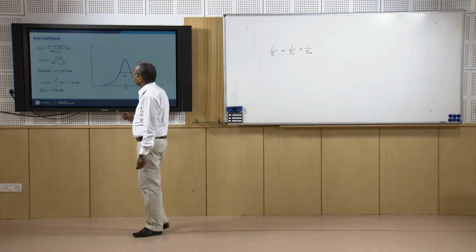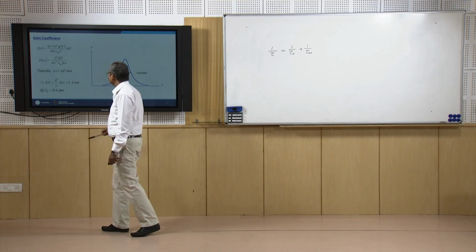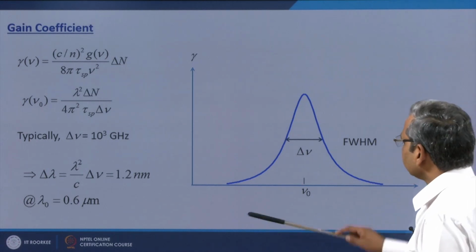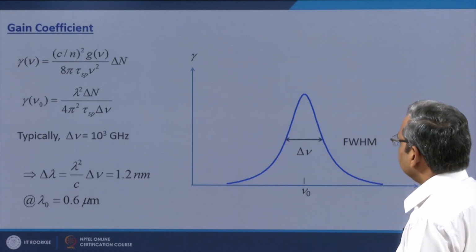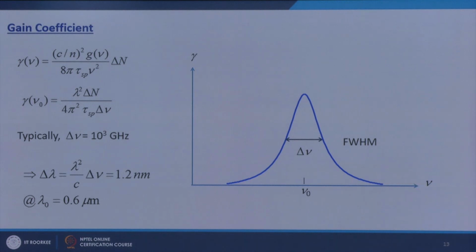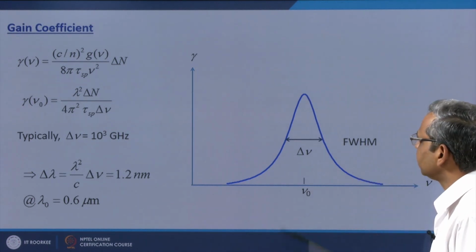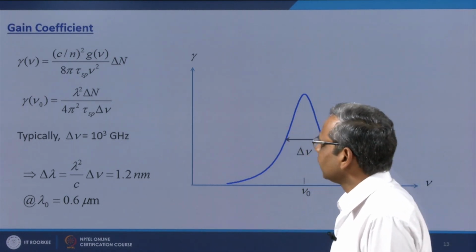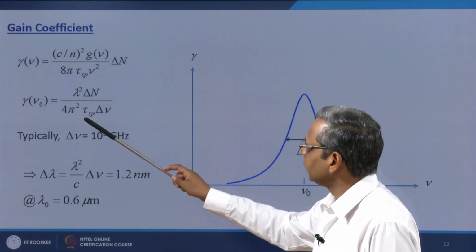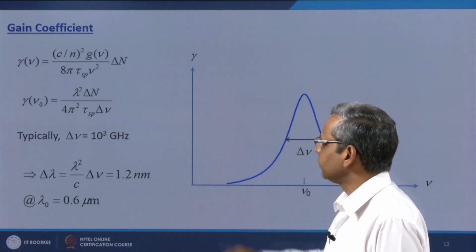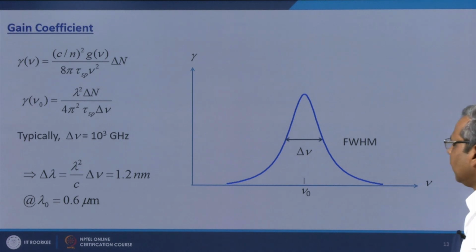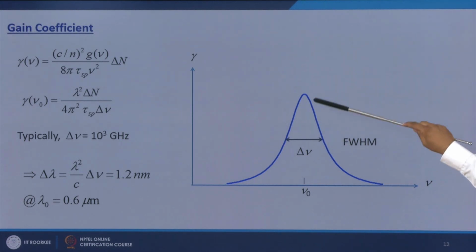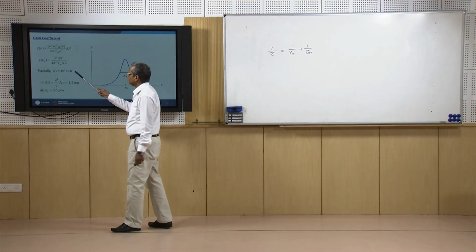If I look at this gain coefficient, its variation with frequency looks like this. It has a peak at nu equal to nu 0, and the peak gain is given by lambda square delta n divided by 4 pi square tau sp times delta nu, where delta nu is the full width at half maximum, which is typically 10 to the power 3 gigahertz.